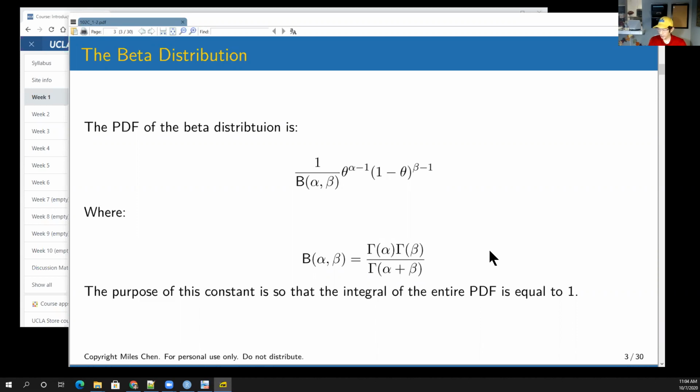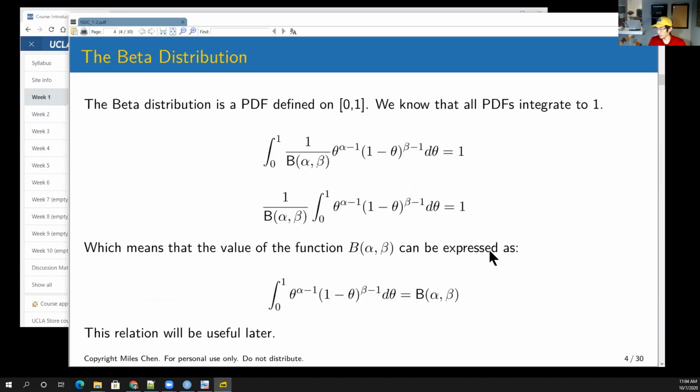What we can do is rearrange a few terms. The PDF for the beta distribution is defined from 0 to 1, and it's used frequently to model random probabilities or random proportions.